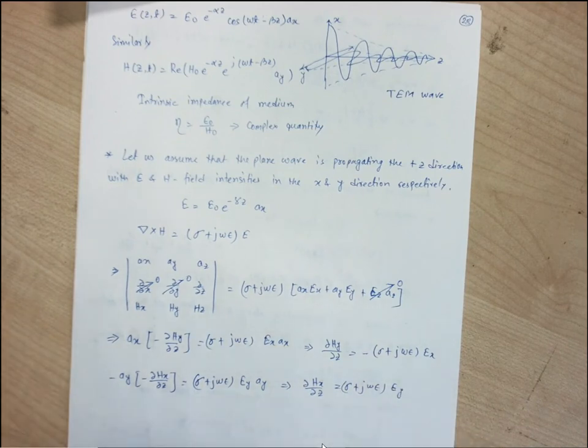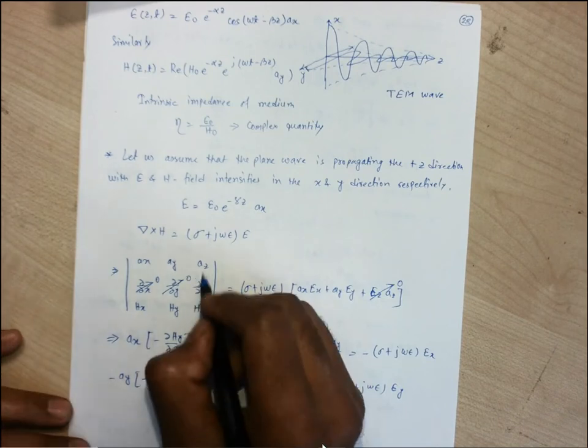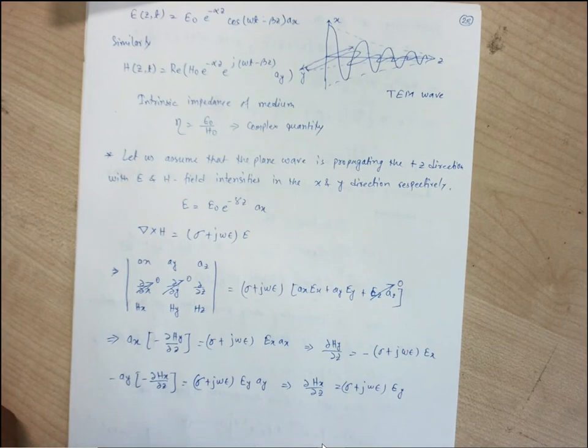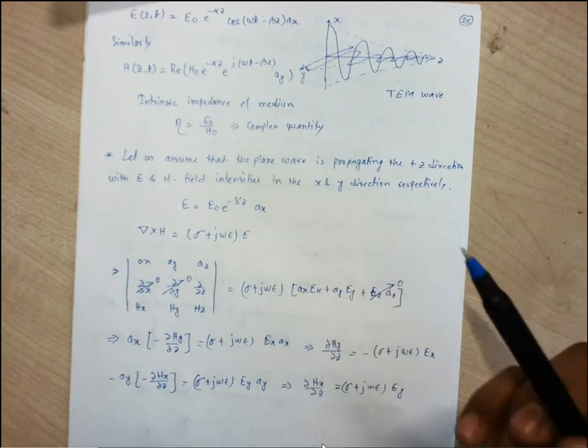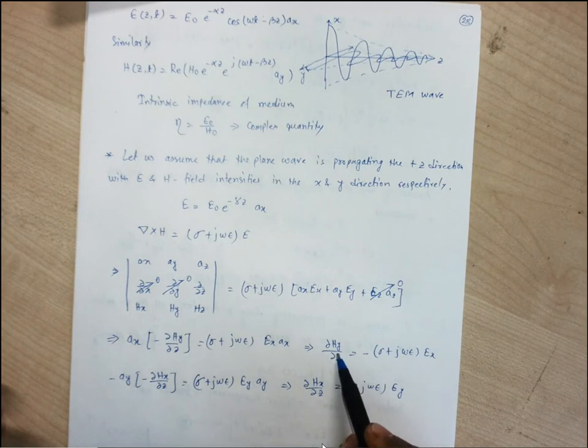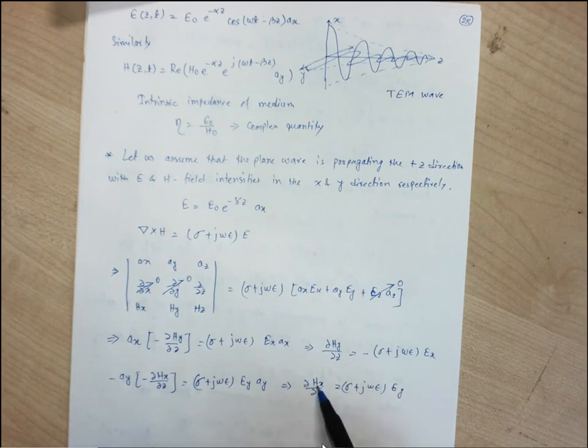Anything else possible? If we are taking z, everything will be 0. So look, for the variation of the x component, we can have the y component of h. If we have the y component in the electric field, we have the x component in the magnetic field.